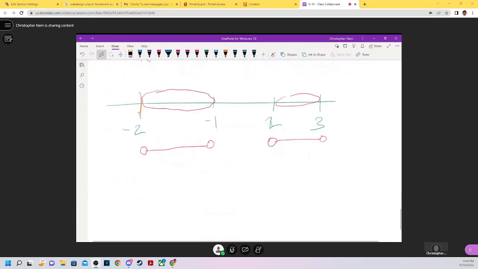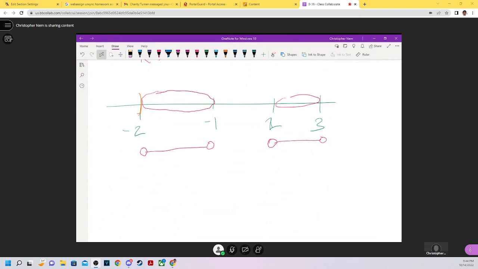These are all the ones that are going to be greater than or equal to 0. So in particular, in interval notation, the solution x belongs in this interval negative 2 all the way to negative 1 union 2 to 3, parentheses. Use parentheses if you do not want to include. If it's an open circle, parentheses.